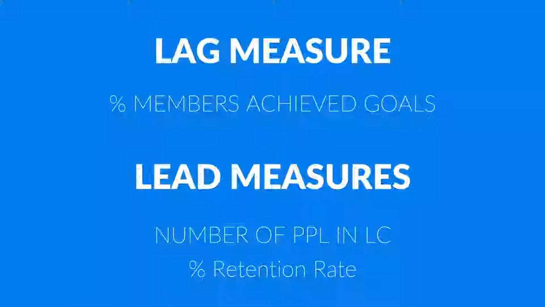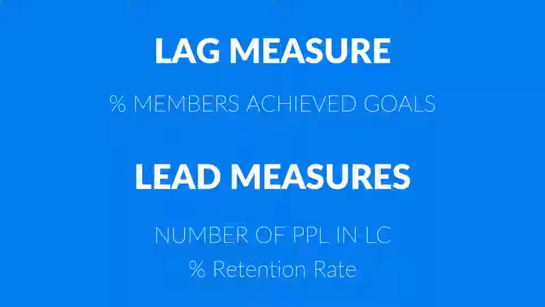Lag measure, the same as MOS. The main goal for TM on LC level and on MC level is the percent of members who achieve their goals, because it means that people are developing inside the organization and they help to fulfill the needs of the organization. Lag measure, number of people and retention rate. Why?